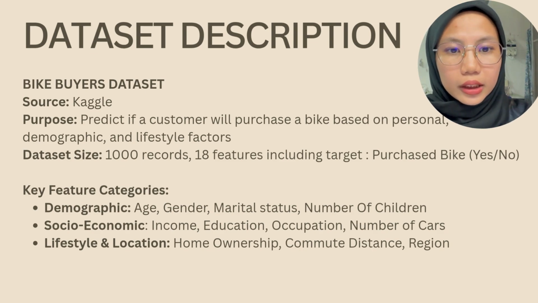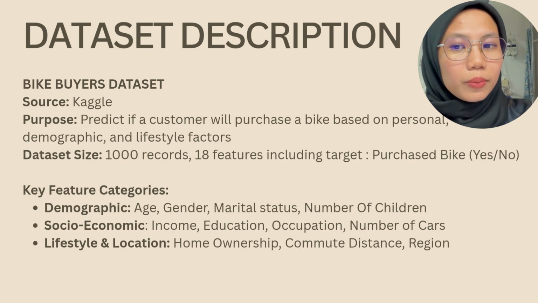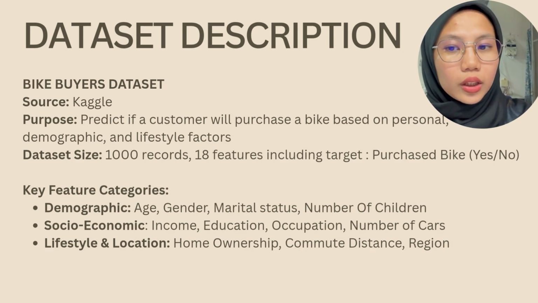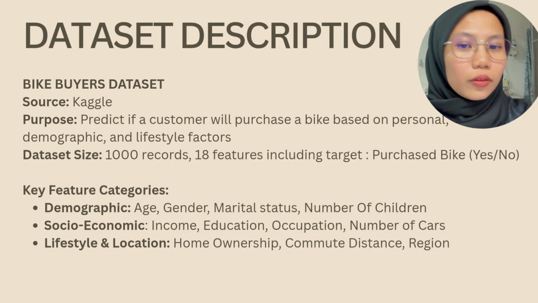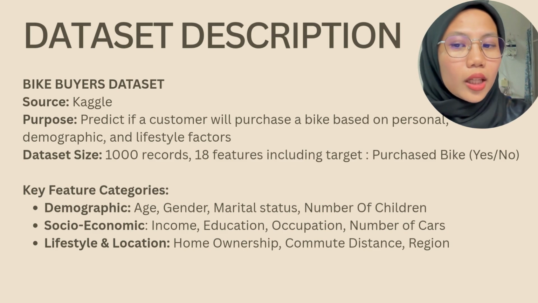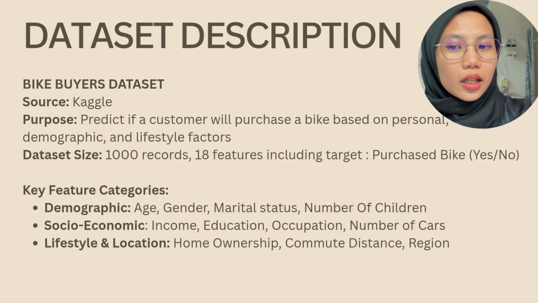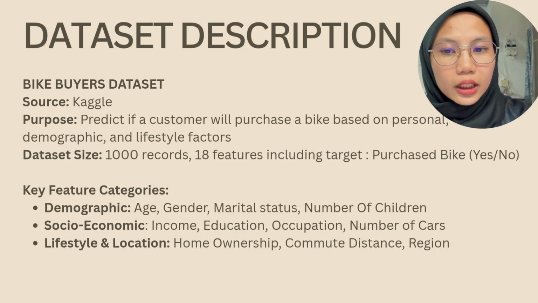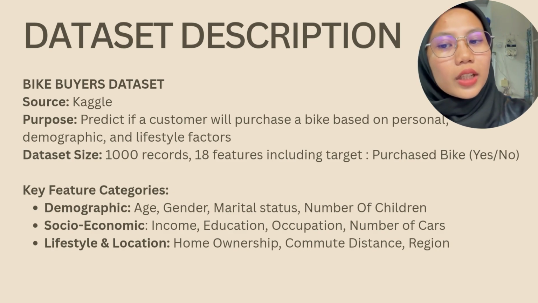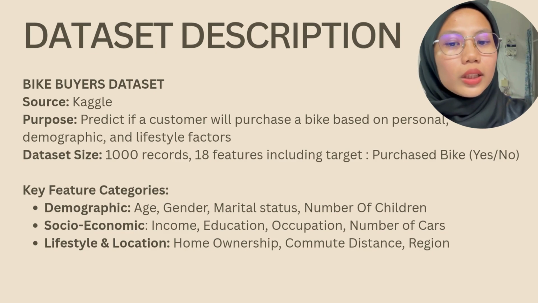This target is binary, meaning that the outcome is either yes or no. The features are a mix of demographic, socioeconomic, and lifestyle information. Some key examples include age, gender, marital status, income, education, occupation, number of cars, commute distance, and region. This variety of data helps build a well-rounded model for prediction.